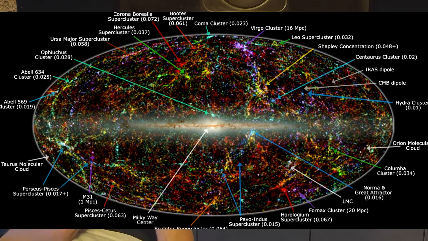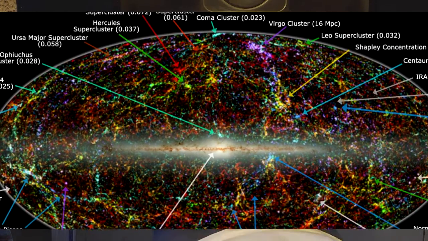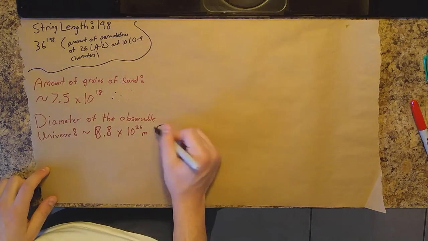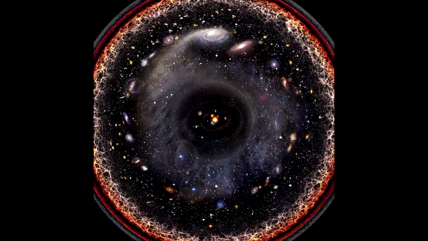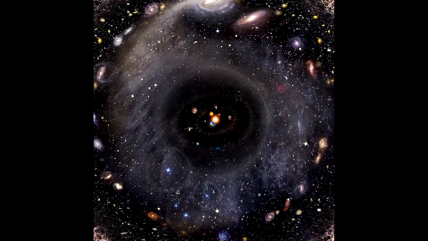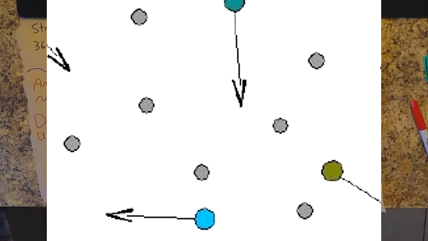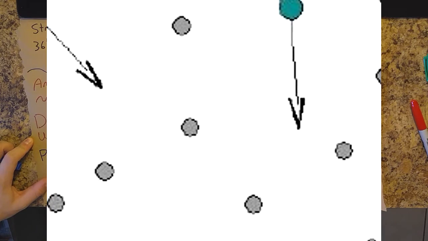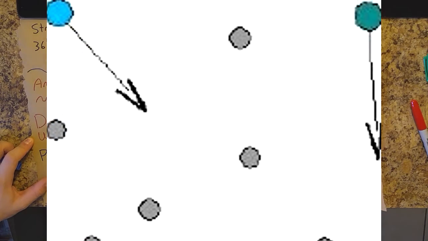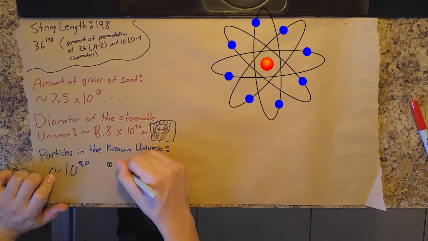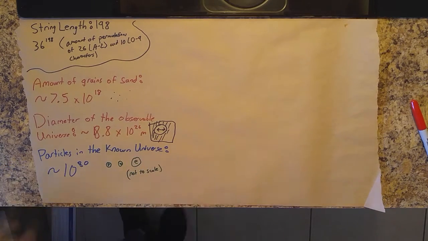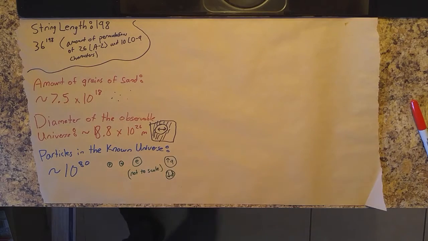The diameter of the observable universe is roughly 8.8 times 10 to the 26 meters. Huge distance, right? Not quite there. The particles estimated in the known universe, all the particles, we're talking about electrons, quarks, all of that stuff, is roughly 10 to the 80. We're not quite there yet.